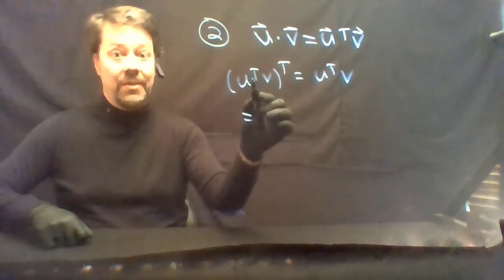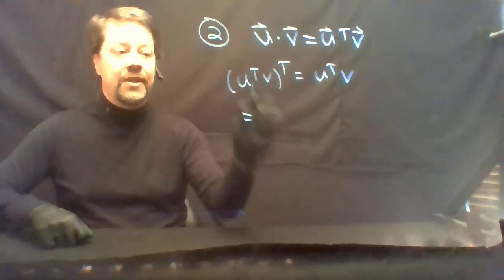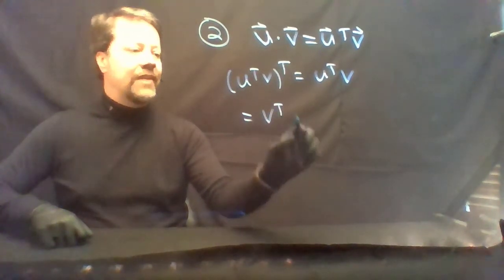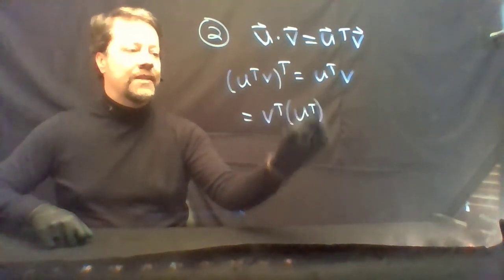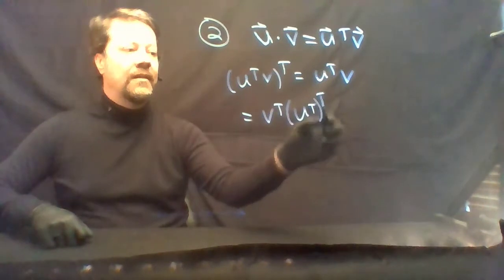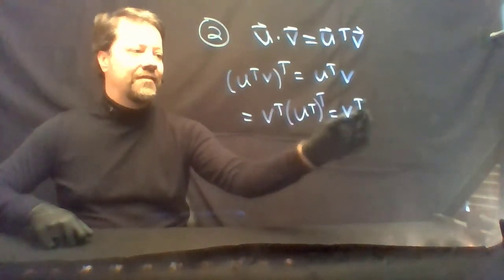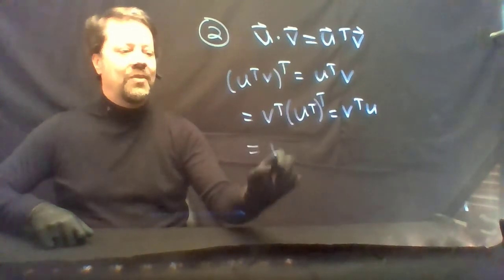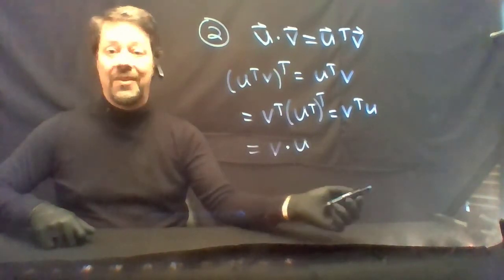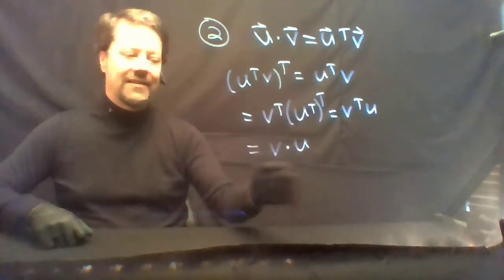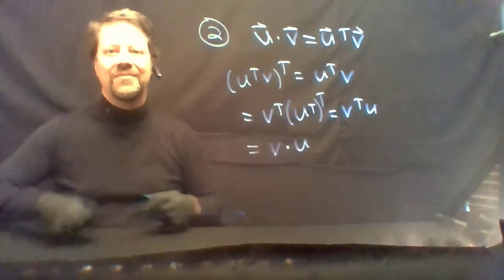But distributing the transpose, remember it reverses the order. You get v transpose u transpose transpose. And when you take a double transpose of a matrix, you get itself. And so we get v dot u. So u dot v is v dot u.